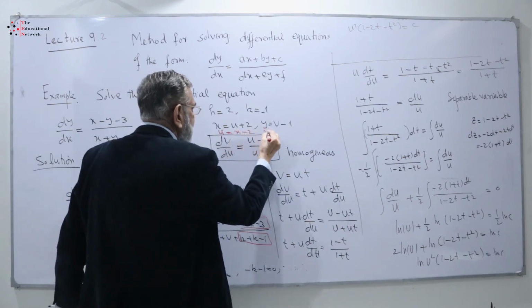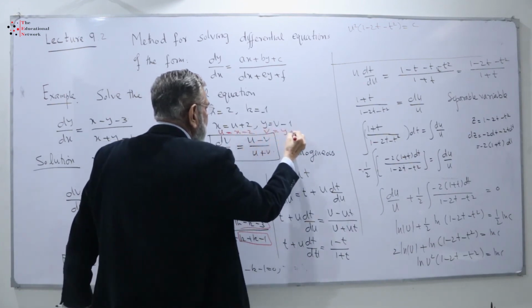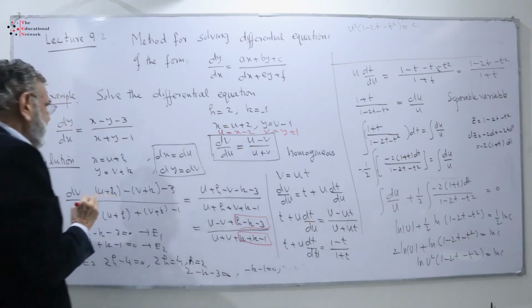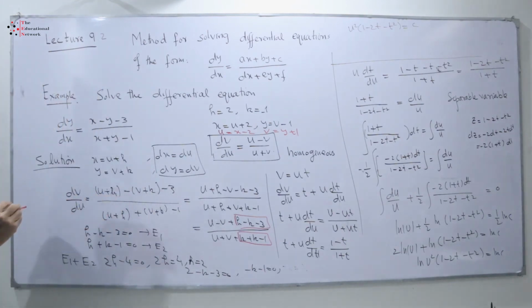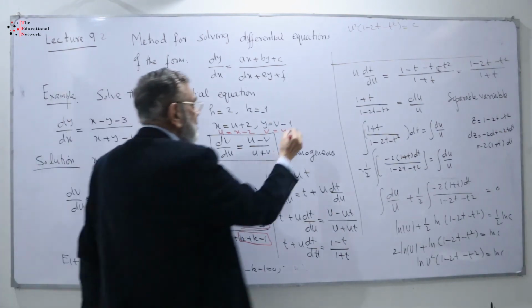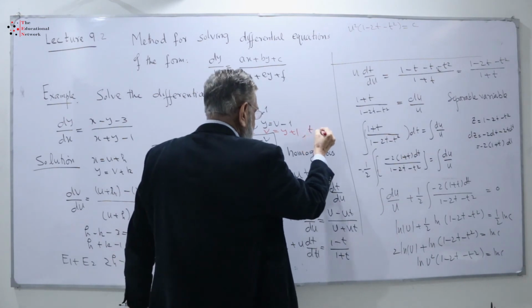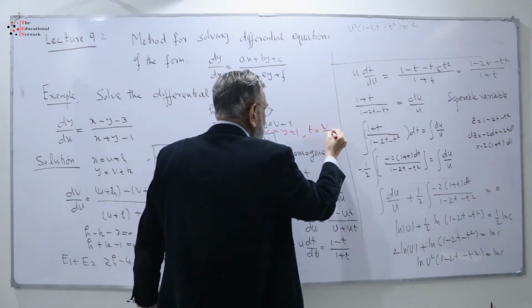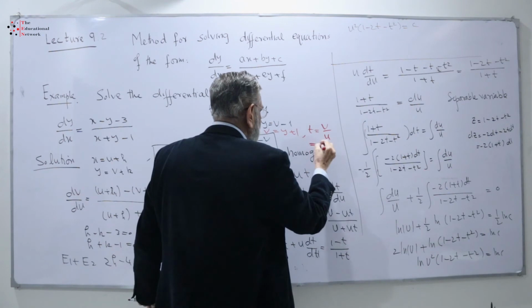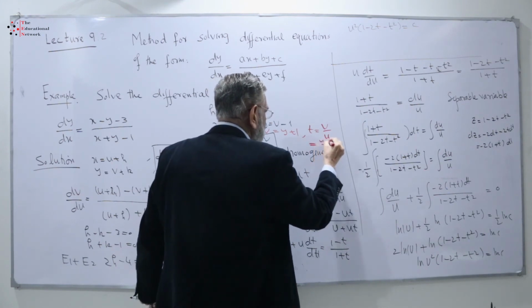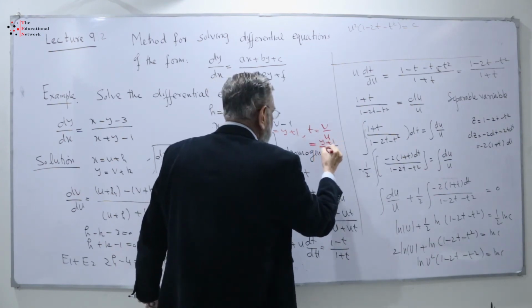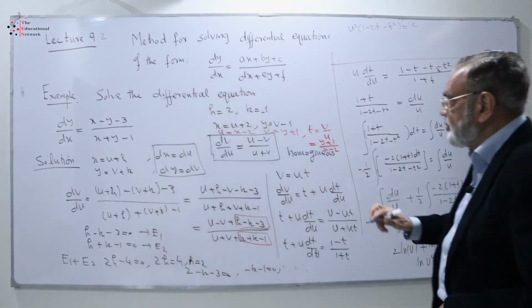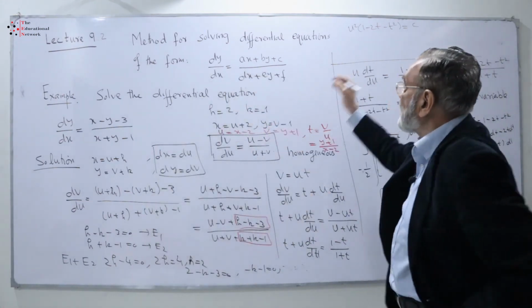What's the value of v? My value of v is y plus 1. And what's my value of t? My t is equal to v over u, and that's equal to, what's my v? v is y plus 1 over x minus 2. What's my u? My u is equal to x minus 2.